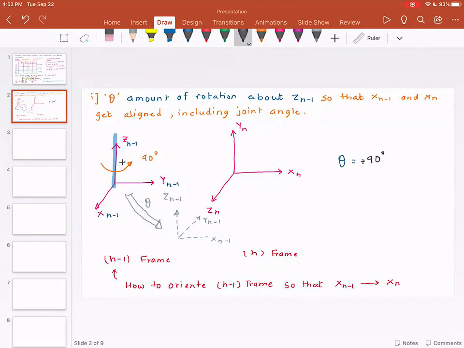Now, one thing I want to note: if the n minus 1 frame is at a revolute joint, then that joint variable gets added. So theta 1. Otherwise, you don't have to add the joint variable. So that is rule number 1.